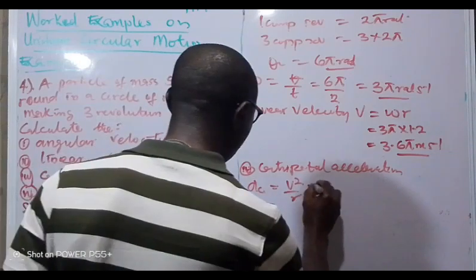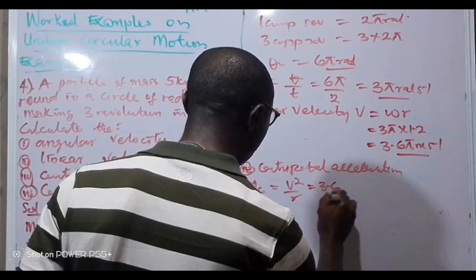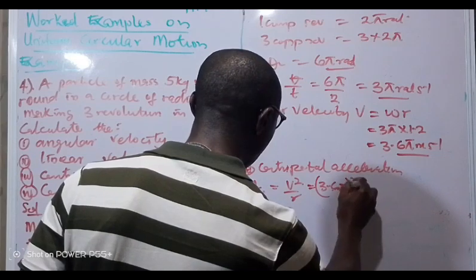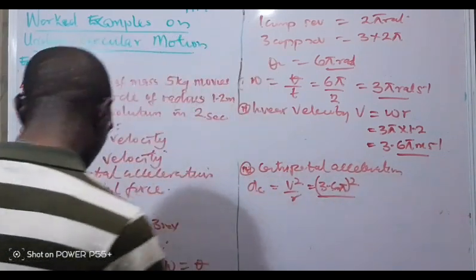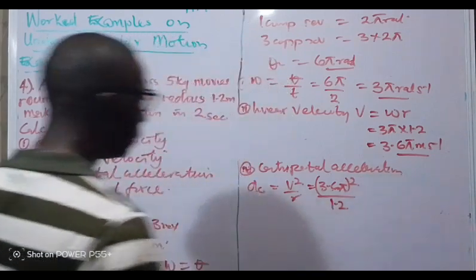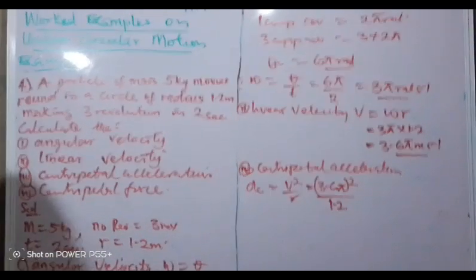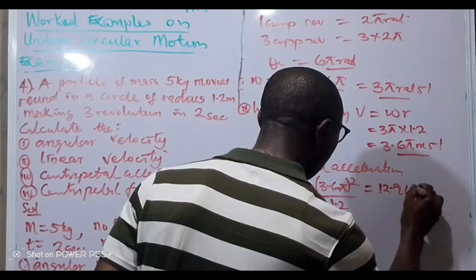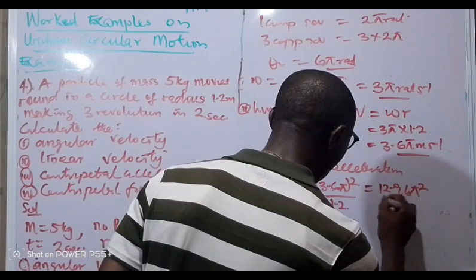This one will now give us 3.6 pi all squared. Our R, according to the question, is 1.2. The answer to this one is 12.96 pi squared over 1.2.